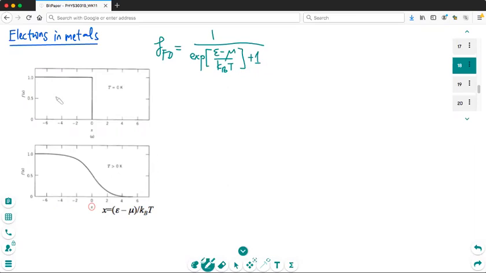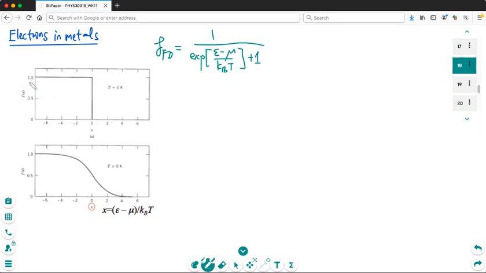Now, as I say, this is the range. So this is Fermi-Dirac. This is plotted in a funny way. It is plotted against the argument of the exponential function. I will show you another plotting later. But now let's look at the vertical axis, and indeed the range is from 0 to 1.